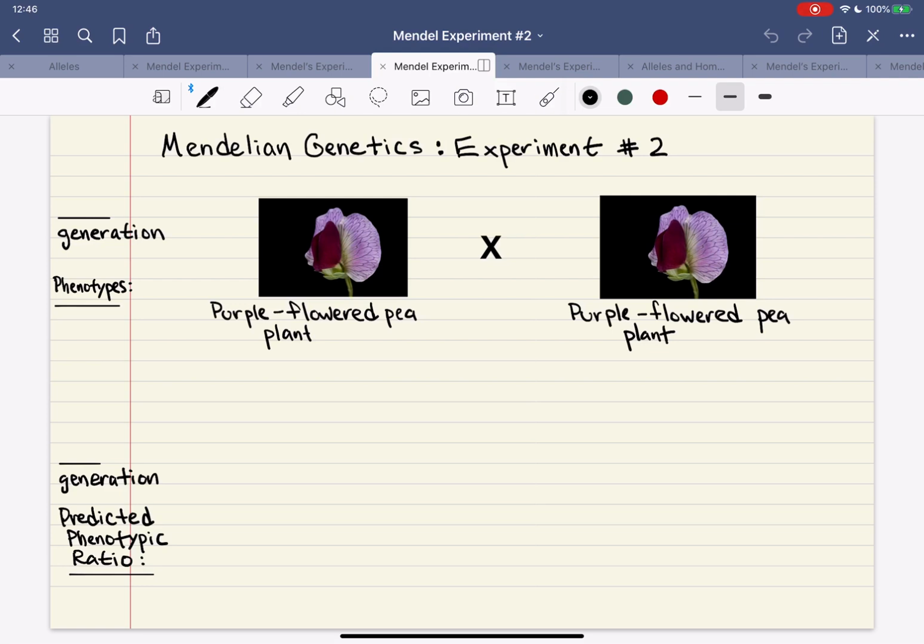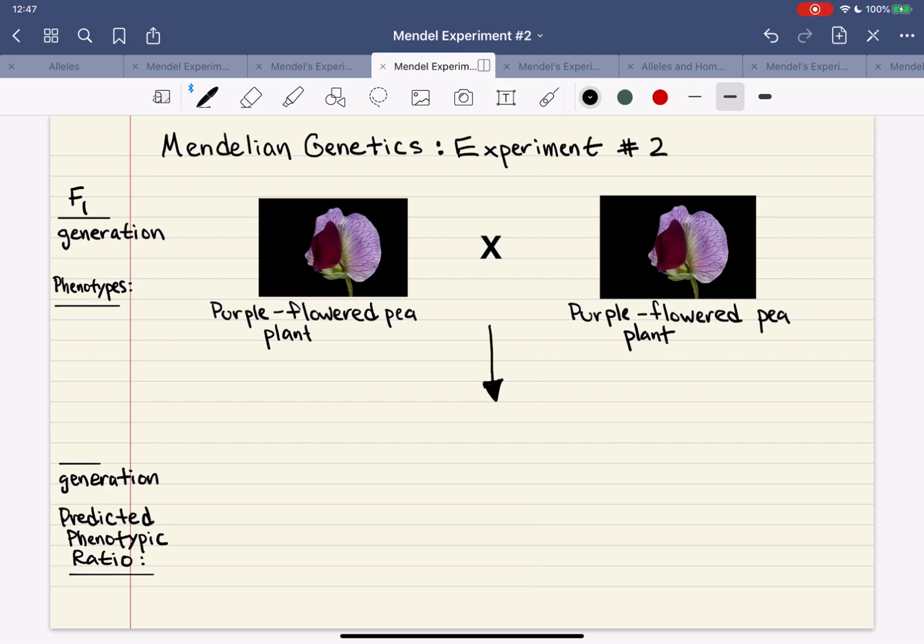So here are the two parents, purple and purple. Now this time, the original generation, this is still the F1, right? So these were those offspring. We wrote out their phenotypes. And what he saw, this is where it gets really interesting, was that their offspring were a mixture of traits.